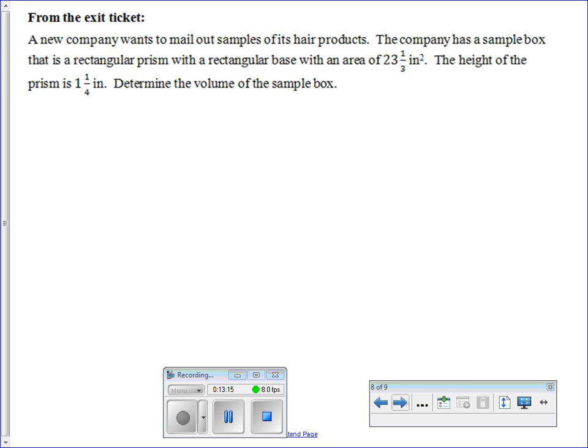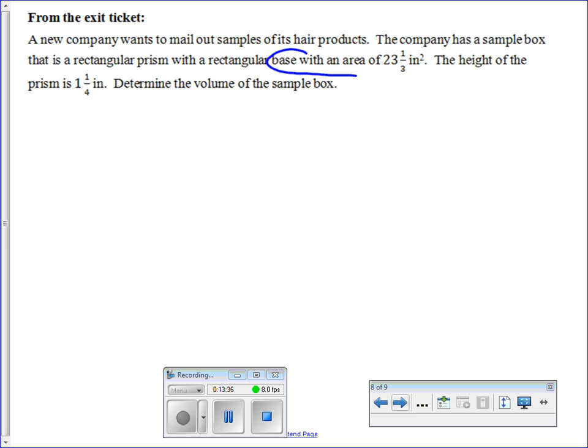A new company wants to mail out samples of its hair products. The company has a sample box that is a rectangular prism with a rectangular base with an area of 23 1/3 inches squared. The height of the prism is 1 1/4 inches. Determine the volume of the sample box.